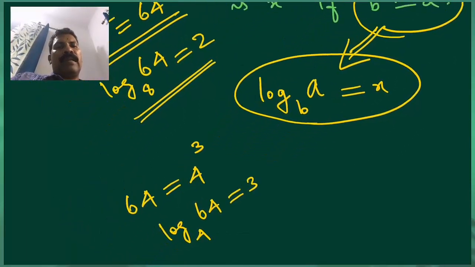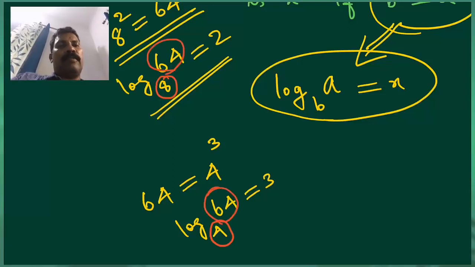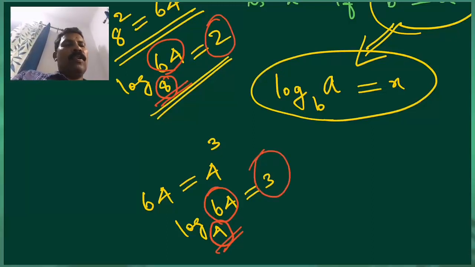So it is very clear that when we change the base of the logarithm, though the number 64 is the same, we just change the base from 8 to 4, then the answer is changing. So logarithm is actually the power.